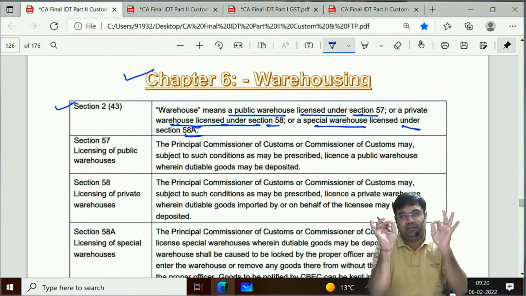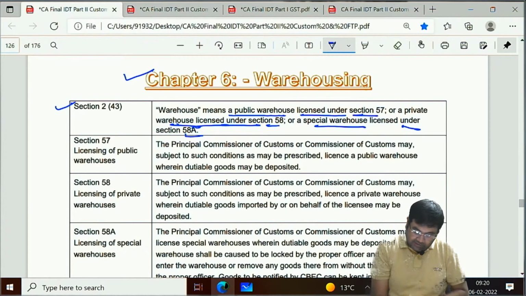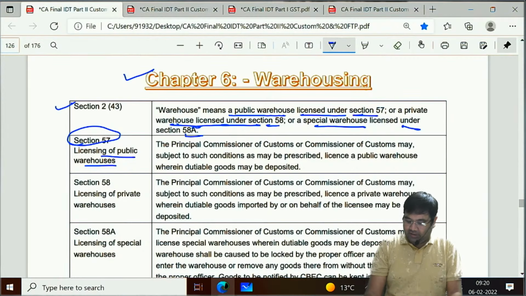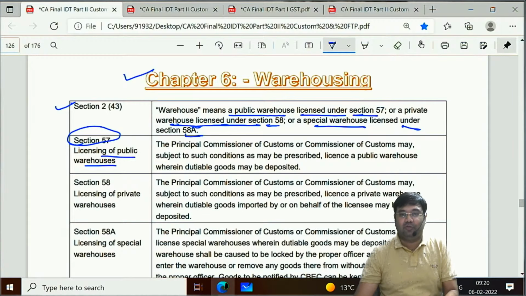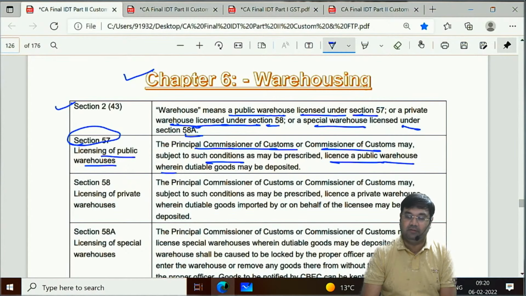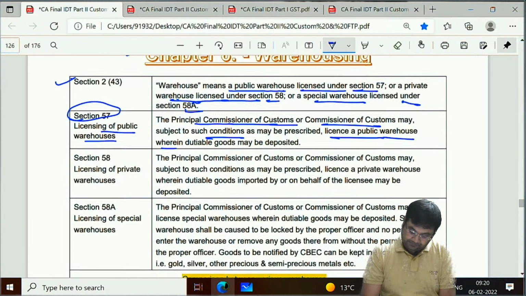Sweet and simple definition. Section 57, licensing of public warehouse. So who is going to be, basically you also know that the tax officer or government, they are going to be authorized to give the license. Section 57 empowers the principal commissioner of customs or commissioner of customs, subject to conditions, to give license for a public warehouse wherein goods can be deposited.